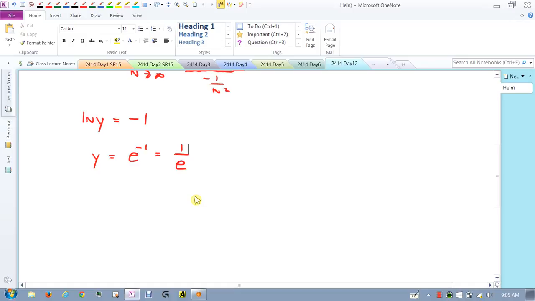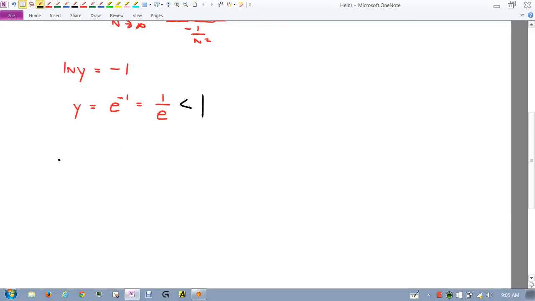So the ratio test says that if this L, which is our limit, is less than 1, and 1 over e is less than 1, therefore, the original series converges absolutely.